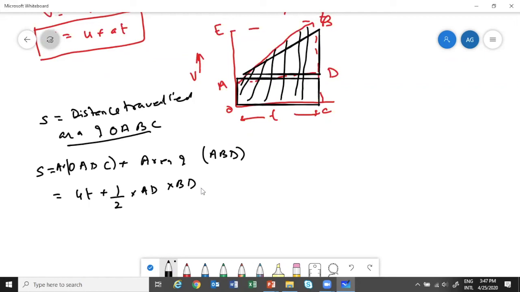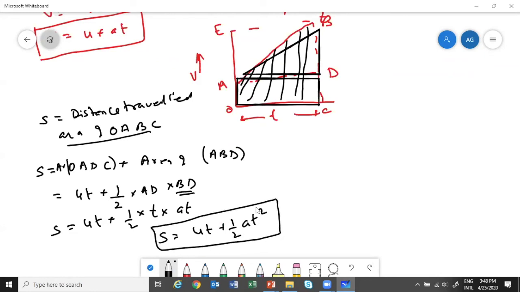BD we already calculated in the previous one. What is BD? It is AT. AD means T. So plus half AT into T, plus UT equal to S. So S equal to UT plus half AT square. Any doubt? Okay, good.